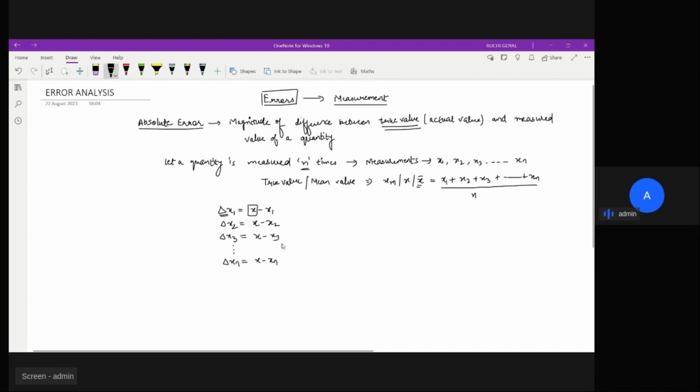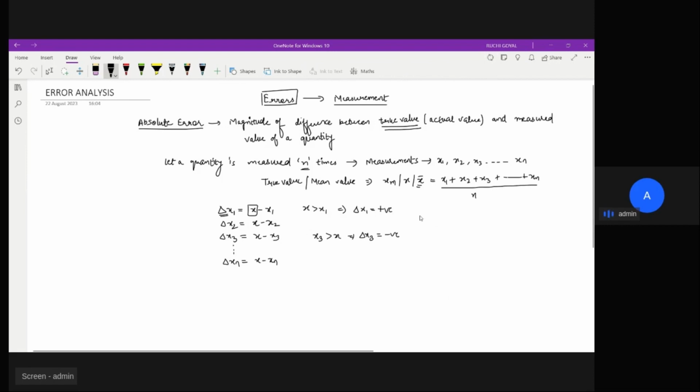If we have a measured value greater than x, suppose here x3 is greater than x, then delta x3 will be negative. And suppose here x is greater than x1, then delta x1 will be positive.